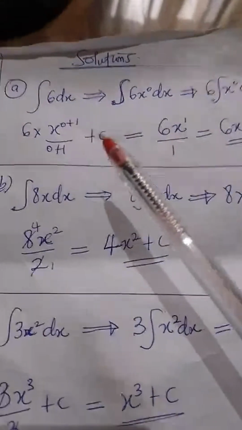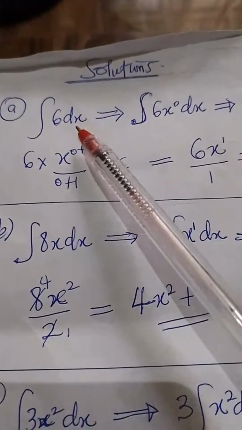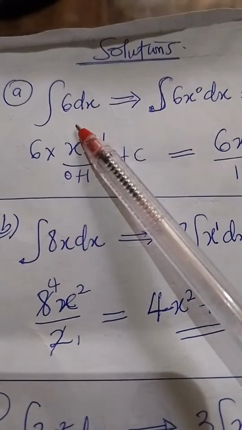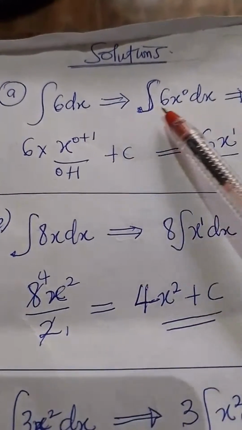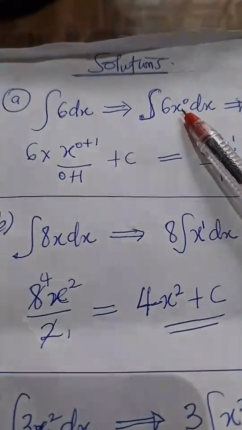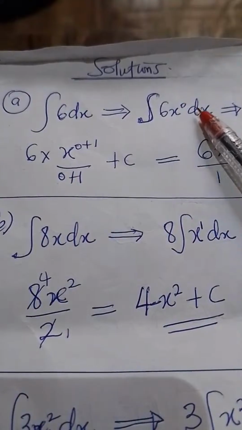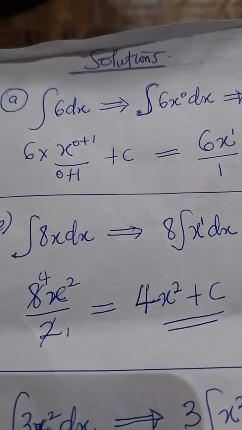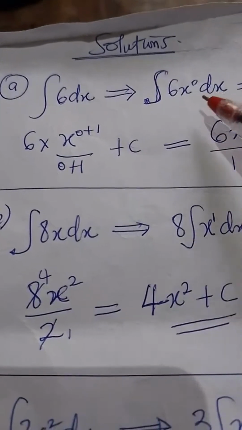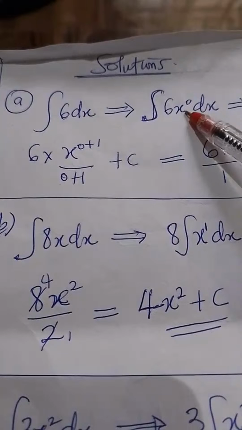Anytime you see a number only without x, what are you going to do? Add 1. It is assumed that there is x raised to power 0. Hope you didn't forget that in mathematics. So write that.